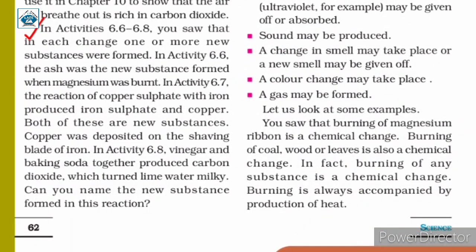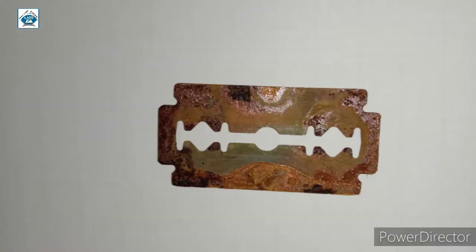In the activities discussed earlier, we can observe that when two substances reacted, one or more new substances were formed. When magnesium ribbon was burned in activity 6.6, a new substance called magnesium oxide was formed. In activity 6.7, iron sulfate and copper were formed. Copper was deposited on the shaving blade.